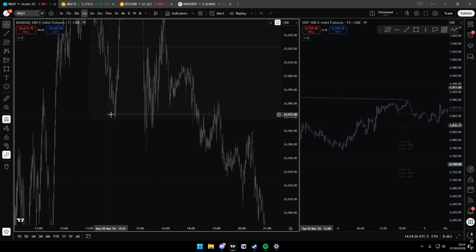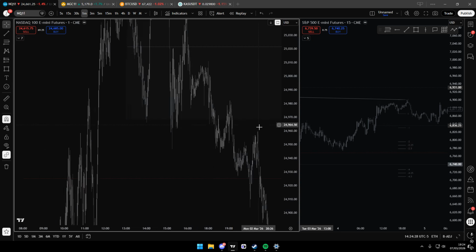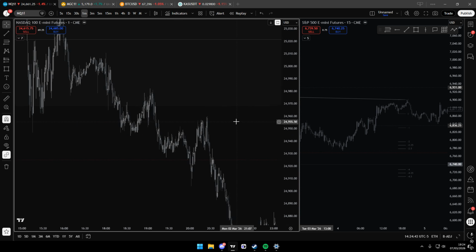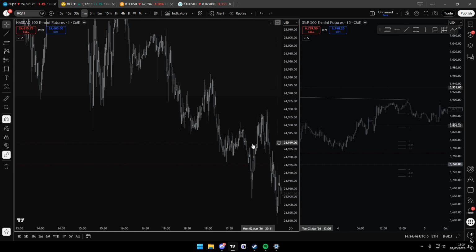Now, what's the issue with scaling into lower, like you have a 4 hour, you have a 15 minute, but then you want to scale into 15 minute to 1 minute, right? To trade even more zoomed in with more confirmation.